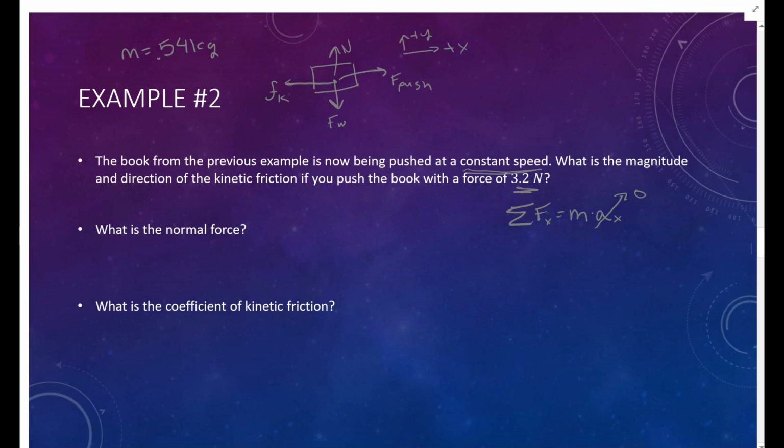I'm going to set them up the same way I did the last problem. My up is positive y, my to the right is my positive x. In which case, my sum of my forces is going to end up being my force of push minus my frictional force. My force of push is positive because it's in the positive direction. My frictional force is going to be negative because it's in the negative direction.